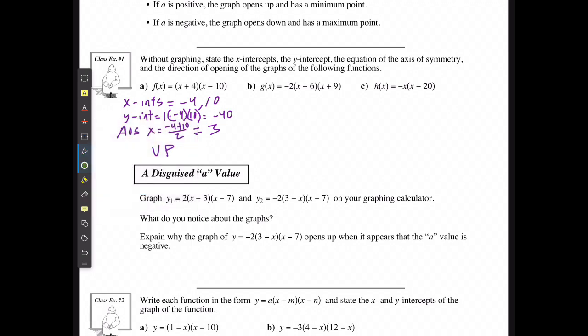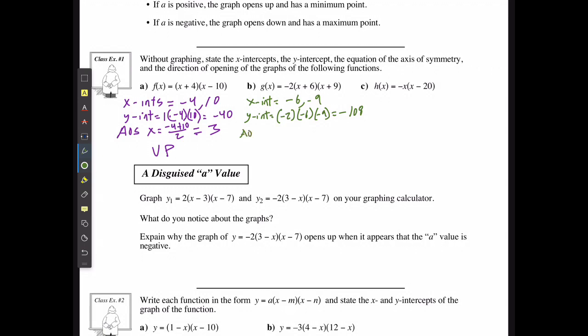For example B, we can see that I have x-intercepts are going to occur at -6 for m and -9 for n. The y-intercept is going to be when I multiply the -2 for a, the -6 for m, and the -9 for n, which is going to be at -108.